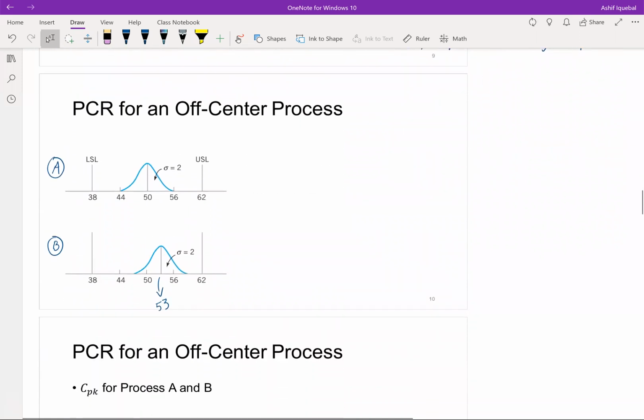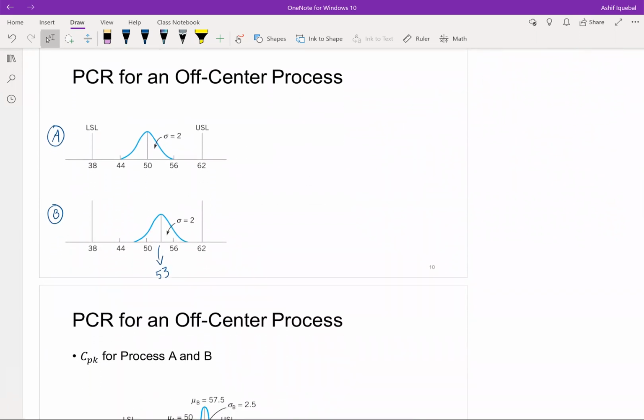Okay, so let's solve a quick example here. Let's try to find out the Cp value for process A. Can anyone quickly calculate this value and tell me what is Cp for process A? Anyone?